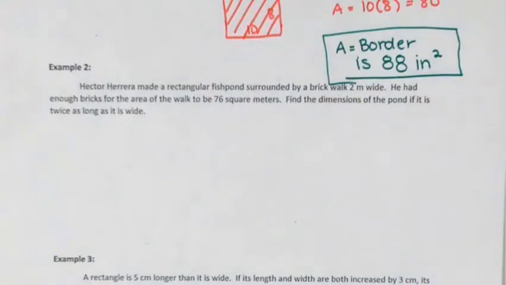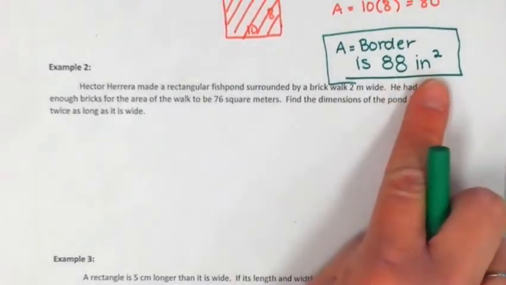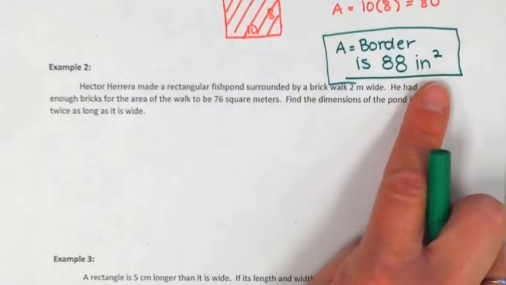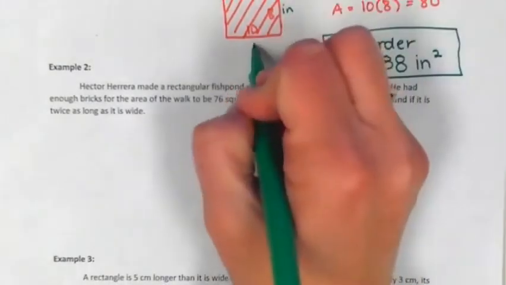One thing I have to say here, okay, do you guys know why it's inches squared? We're multiplying 2 sides, right? 8 inches times 8 inches. What's x times x? X squared.